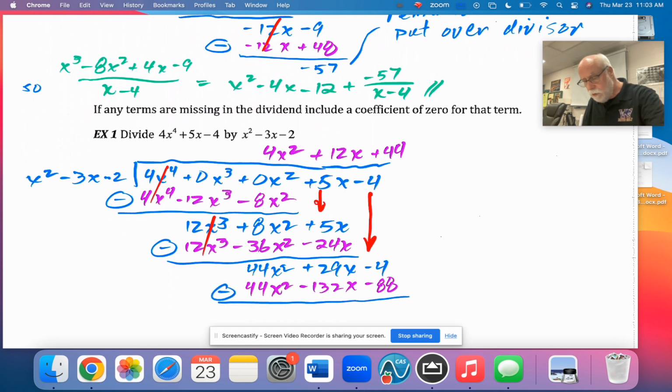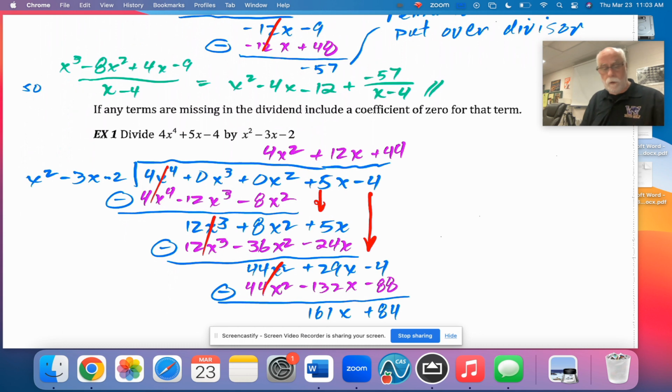I'm going to subtract those. First ones go away. Then I'll have 161x, and then I'll have negative 4 plus 88, which would be plus 84.